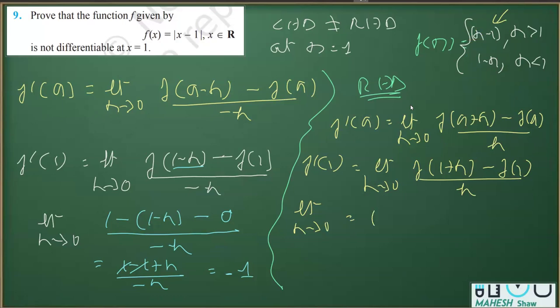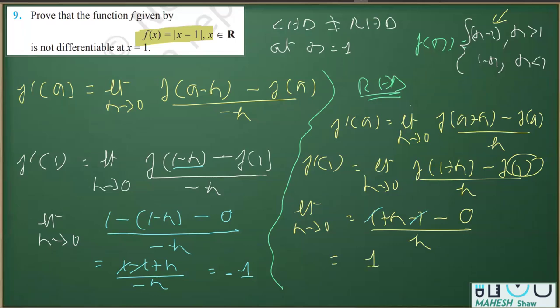So it's going to be (1 + h) - 1. And f(1) we calculated as 0, placing x = 1 over here, we got 0. So I'm writing 0 over h. Here -1 and +1 get cancelled, and we get h over h, which is equal to 1.